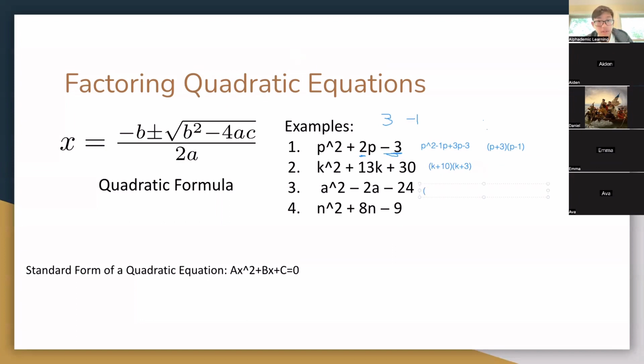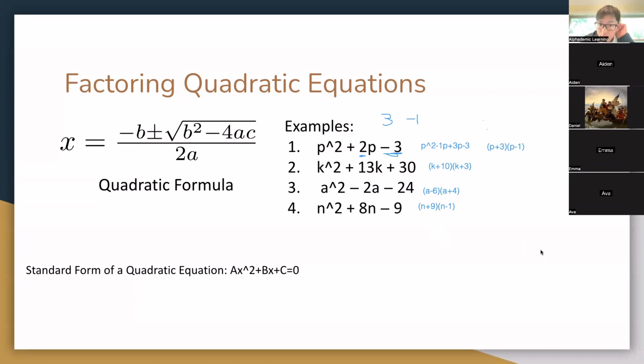And then for the next one, we have a plus 6 times a minus 6 times a plus 4. And then for the last one, we would have n plus 9 times n minus 1.